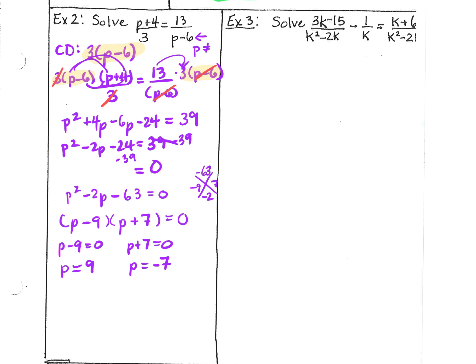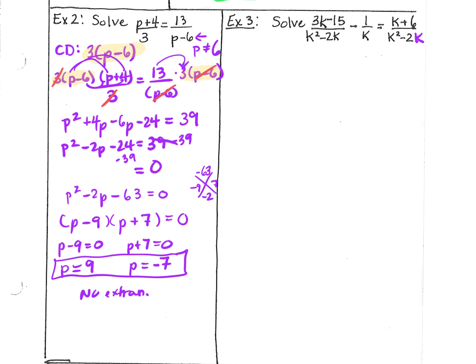P cannot be what here? 6. Are either of those 6? So are any of them extraneous? Okay, so we have no extraneous. So these are the solutions. Okay? All right. Last example, and then we're done.